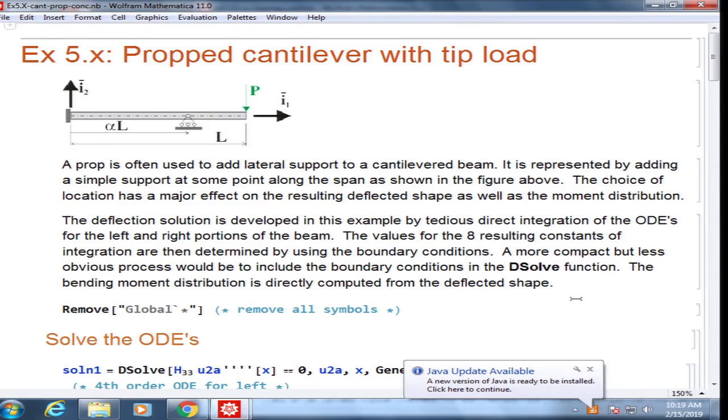If it's not a beam of uniform material, we cannot assume that. It's a beam which is not tapered. If it's a tapered beam, we cannot assume that H33 can come out. The original equation is the second derivative with respect to x1 of H33 times the second derivative with respect to x1 of U2 equal to 0.